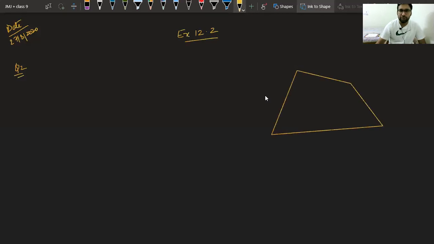You can take two triangles. See, A, B, C, and D. They have given AB as 3 centimeter, BC as 4 centimeter, CD as 4, and DA as 5. Apart from these four, they have given us AC equal to 5 centimeter.